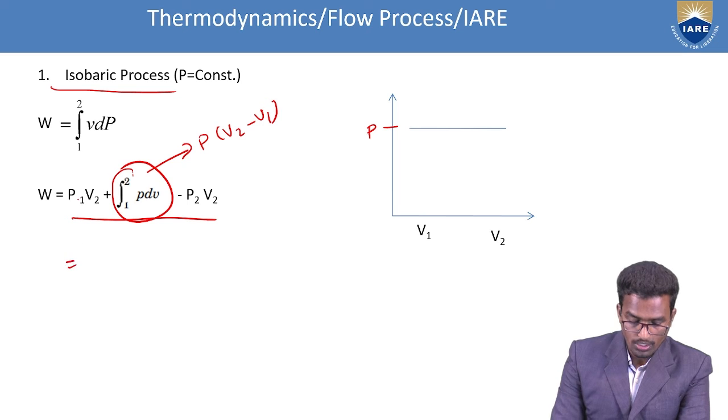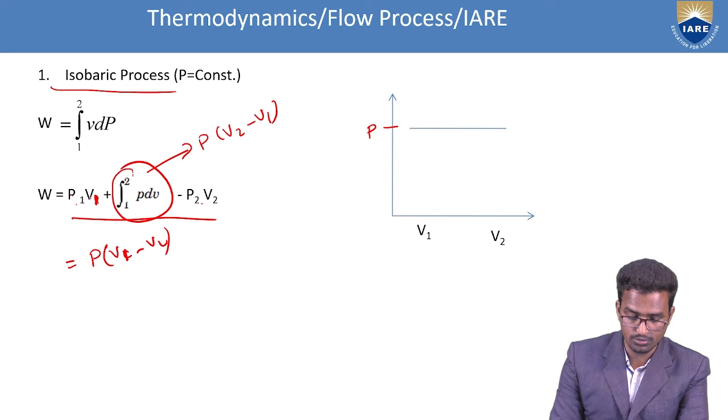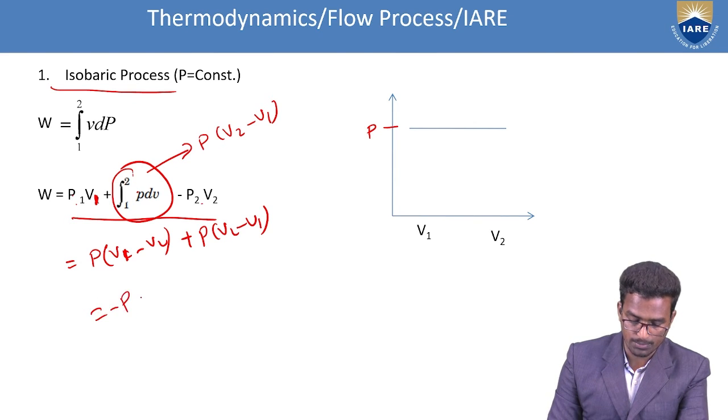Here the pressure is constant, so I write P1 V1 minus V2, since P1 is constant. This one I get plus directly P into V2 minus V1. I take the minus common, that means minus P into V2 minus V1 plus P into V2 minus V1, so that cancels off, and you get the value.